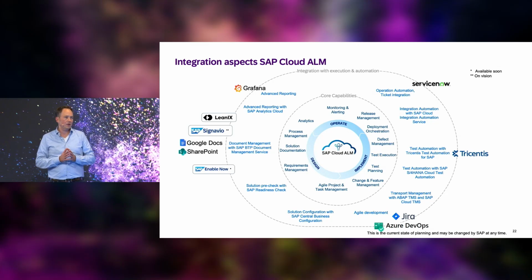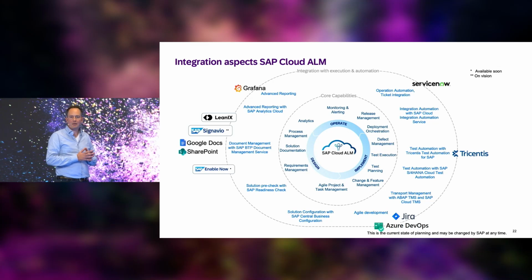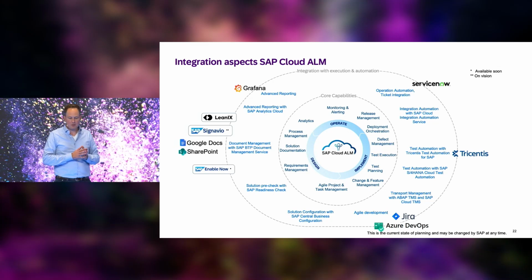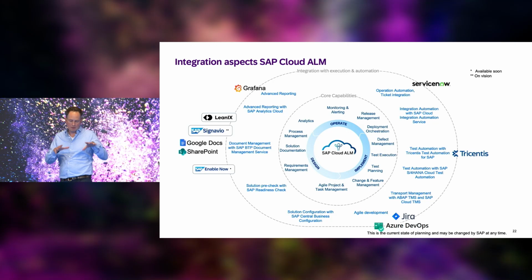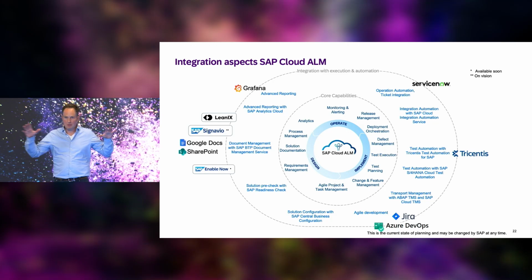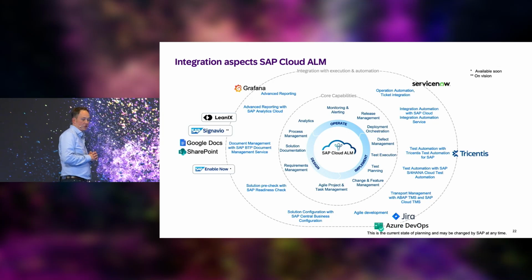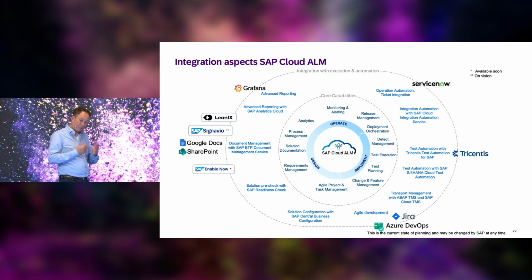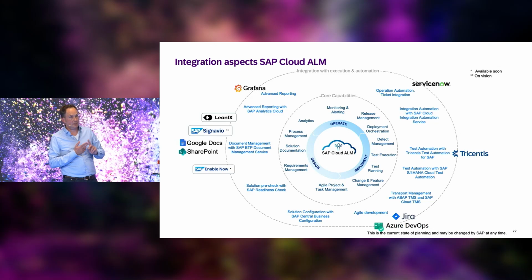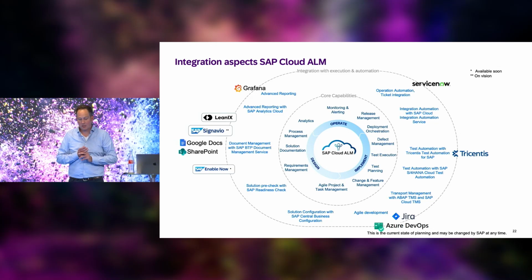In addition, we heard already that APIs are a core focus. So making Cloud ALM the center of gravity for ALM management with the solutions around, for example, Grafana, that's coming, LeanIX, Signavio, Enable Now, we just mentioned.